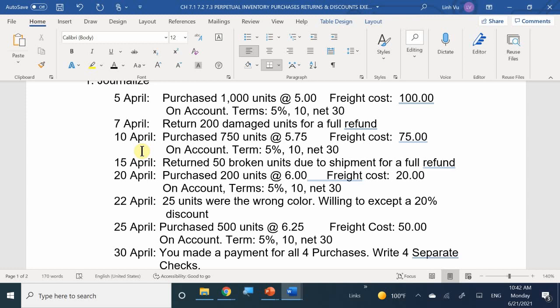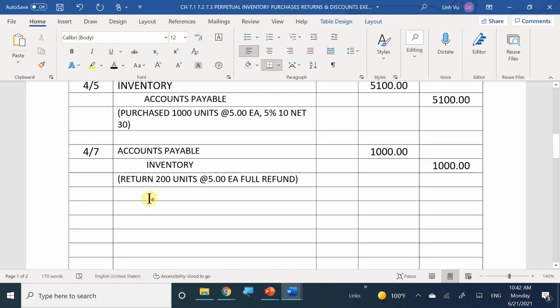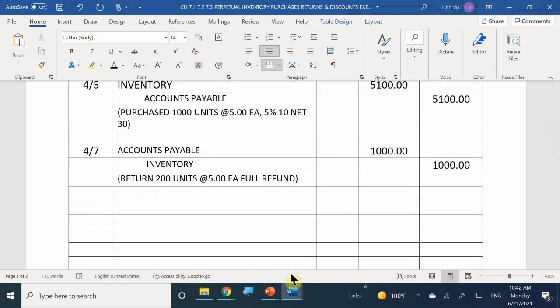You're going to debit inventory for 4,387.50 and credit accounts payable for the same amount.